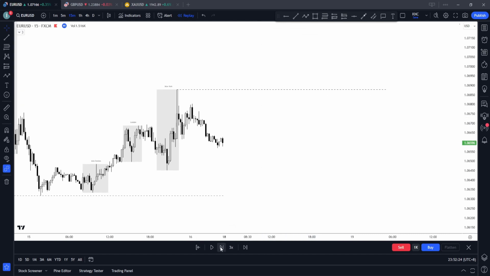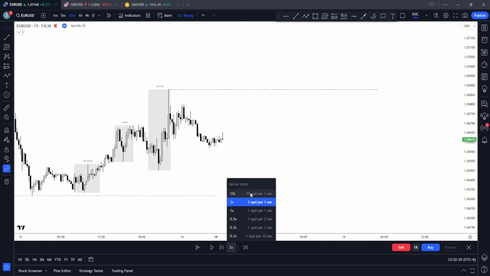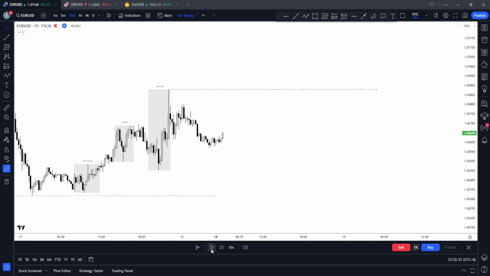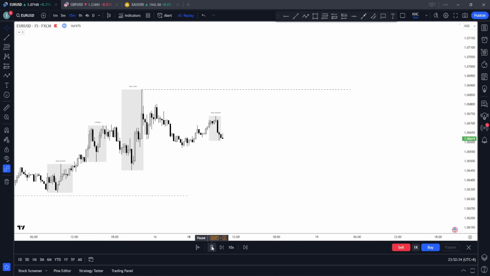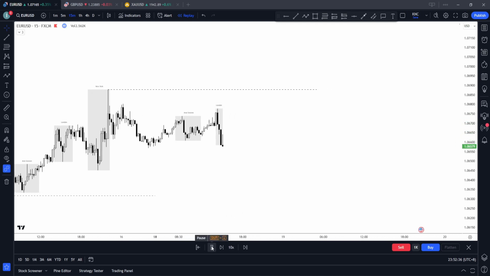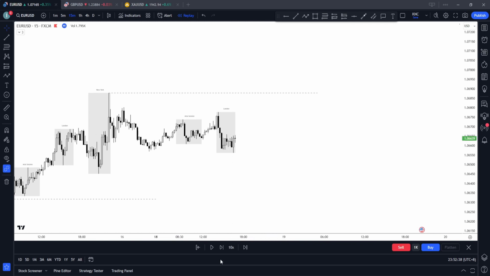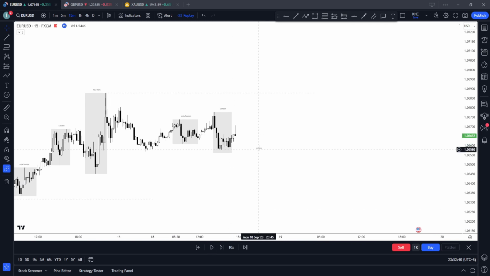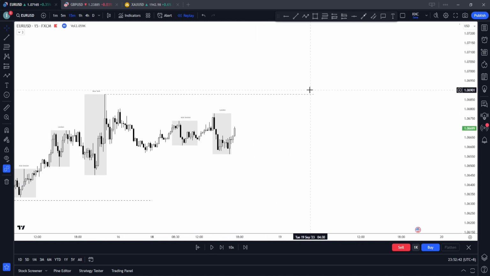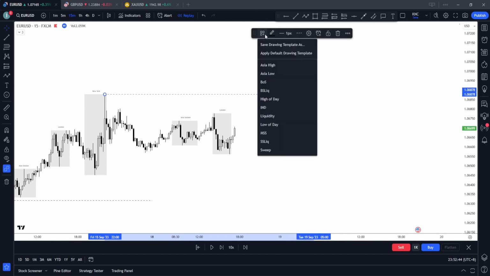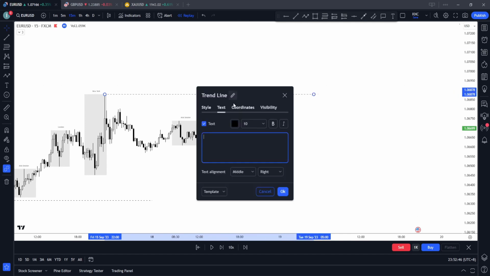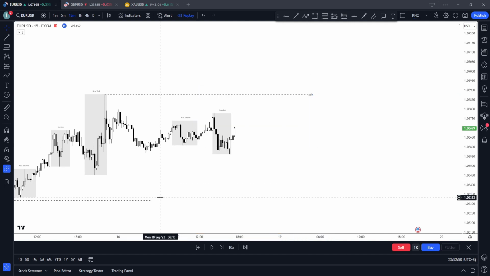Let's skip to the London session. We are now at our London session. This will be our previous day high, and this is our previous day low.